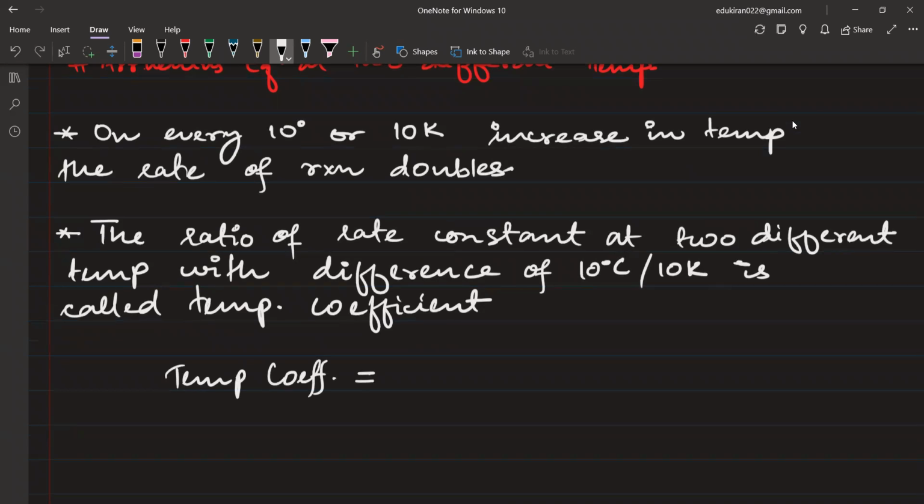Temperature coefficient is equal to K at any temperature plus 10 divided by the K at that temperature.